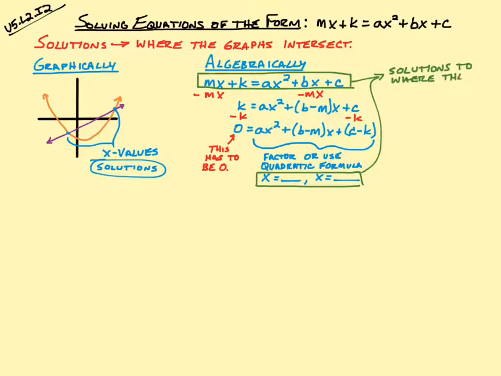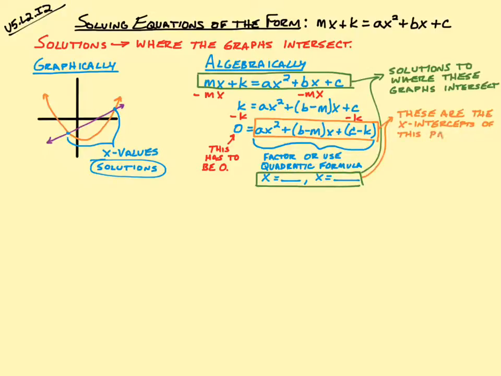That, along with the original equations, are the solutions to these equations. So it's the solutions to where these graphs intersect. And I can't stress that enough. It's where these first two equations intersect. That's what we're looking for. That's the solution that we're looking for. A lot of people want to graph this function because this is where these things cross the x-axis. So this quadratic equation is where the values are going to cross the x-axis, the x-intercepts. So that's what this orange one is giving us.